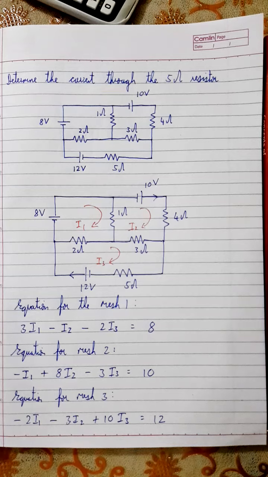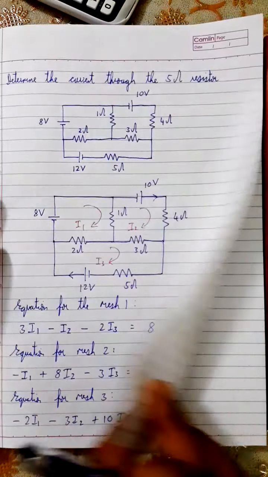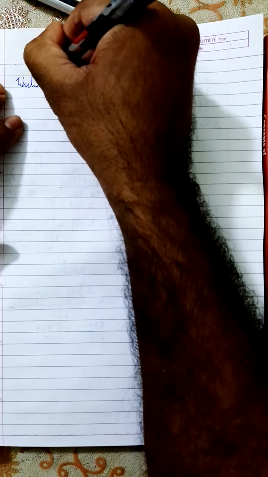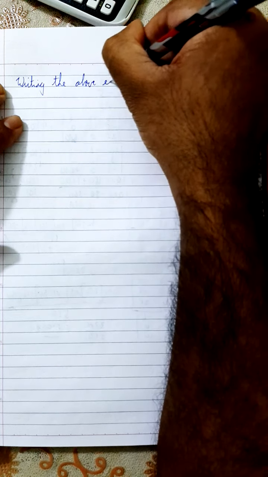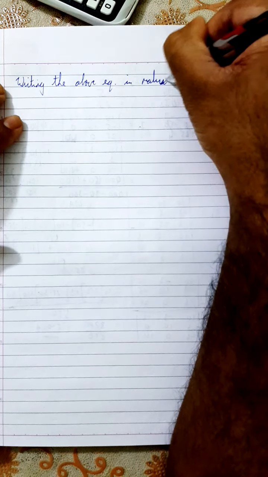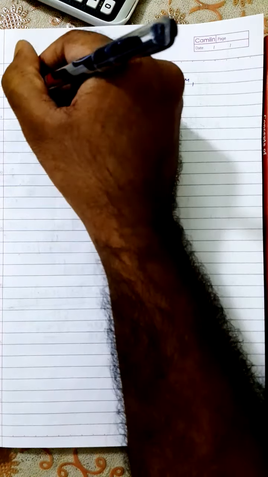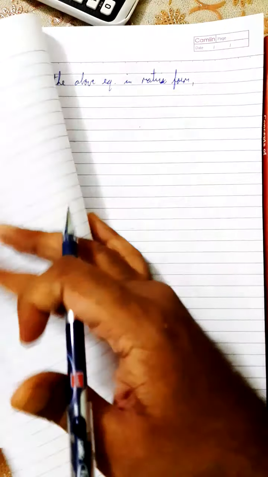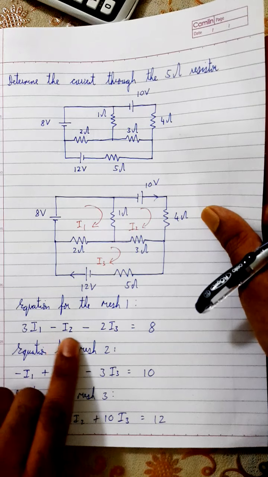Now I can write the above equations in matrix form. I have the 3 equations, so 3 rows. First row is 3, minus 1, minus 2.